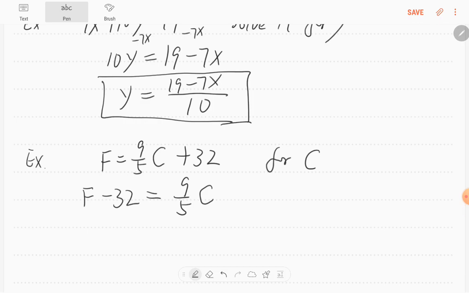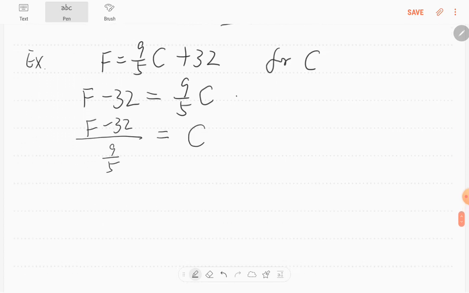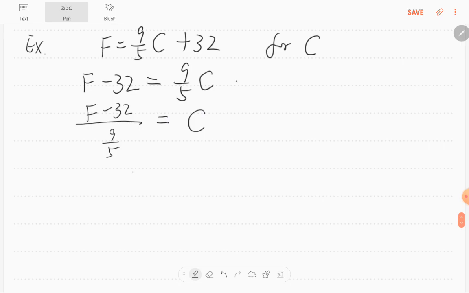Then we want to isolate C, so we divide by 9 over 5 on both sides. Let's simplify a little bit. We always write C on the left side, so C is equal to... when we divide by a fraction, it is equivalent to multiplying by the reciprocal of this fraction. So it's multiplied by 5 over 9. So this is your answer.